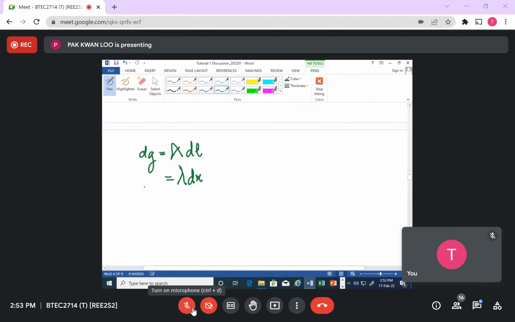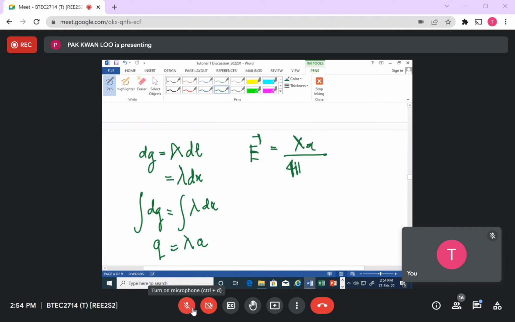Then you integrate both sides and you get Q, which is lambda times a, which is a length. Then you substitute into lambda a over 4 pi epsilon naught, and then you calculate some vector r here.